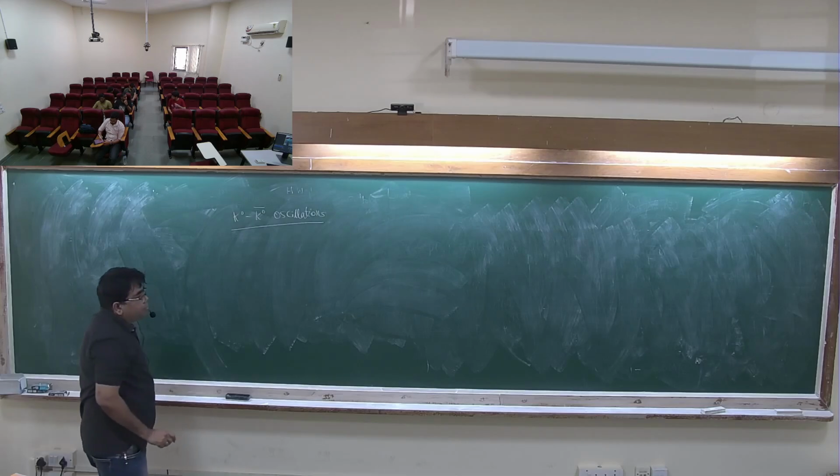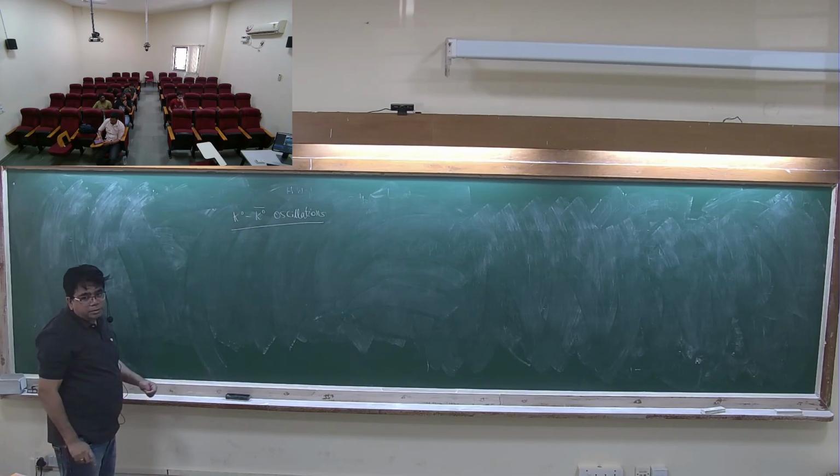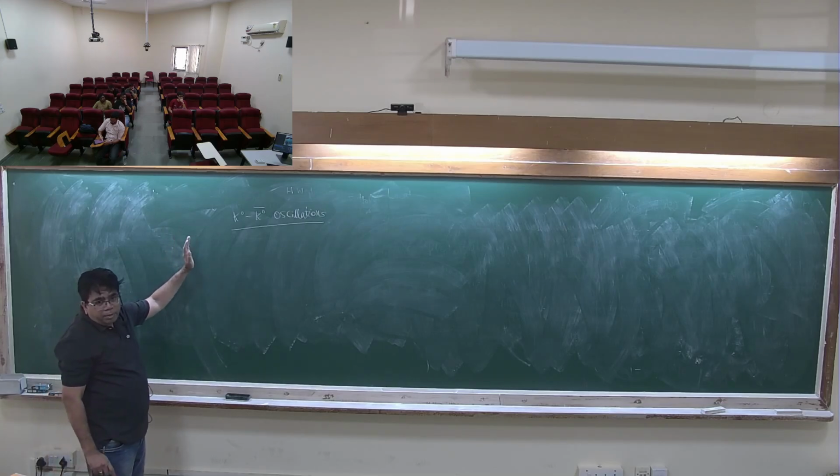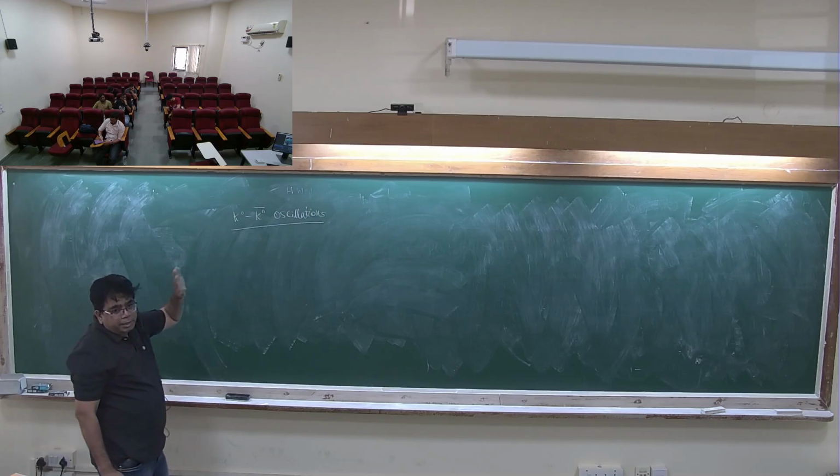So K0 K0 bar is essentially oscillations of K0, which contains d s bar, to K0 bar.